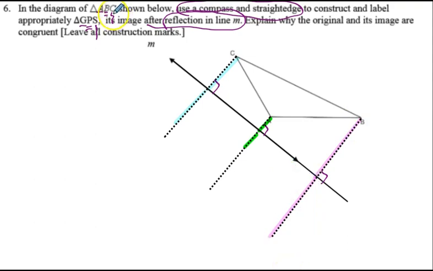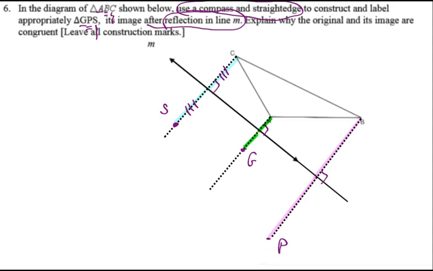So I know point C, supposed to be C prime, but they want us to label it as S. This distance is the same as this distance. Point A prime, they want us to mark it as G. And point B prime, they want us to mark as P. Right here.